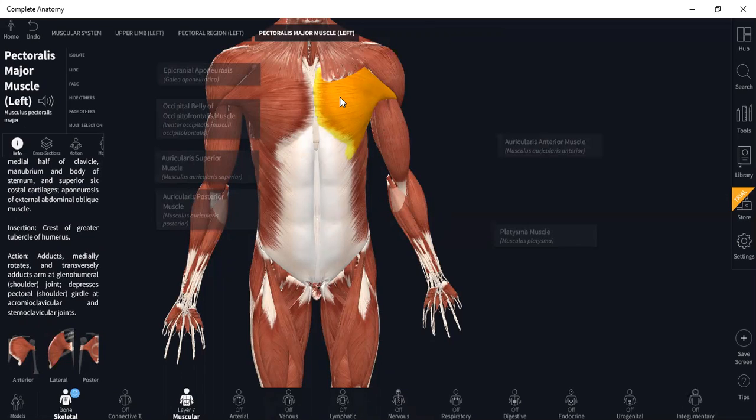If we look at the muscles of the chest, pectoralis major can both adduct and flex the arm.